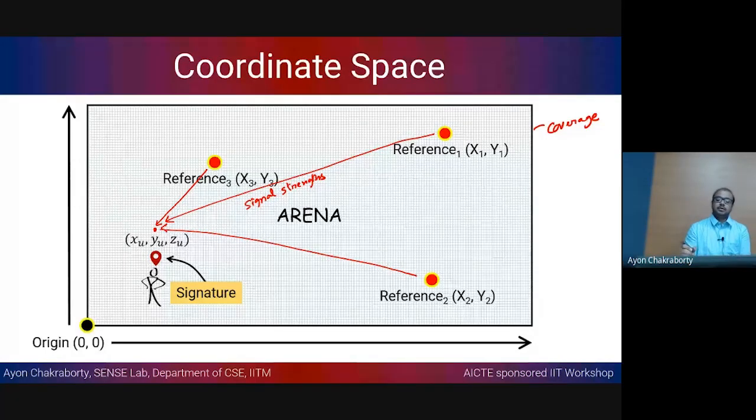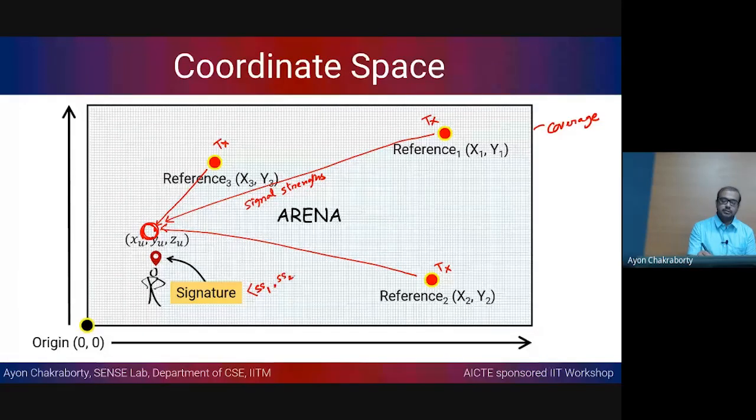They are going to transmit a certain signal, and maybe the signal strength that is being received at a certain location is indicative or unique in that entire area. So, the more reference points, the bigger the dimensionality of your signature, and the signature could be simply signal strength 1, signal strength 2, signal strength 3.